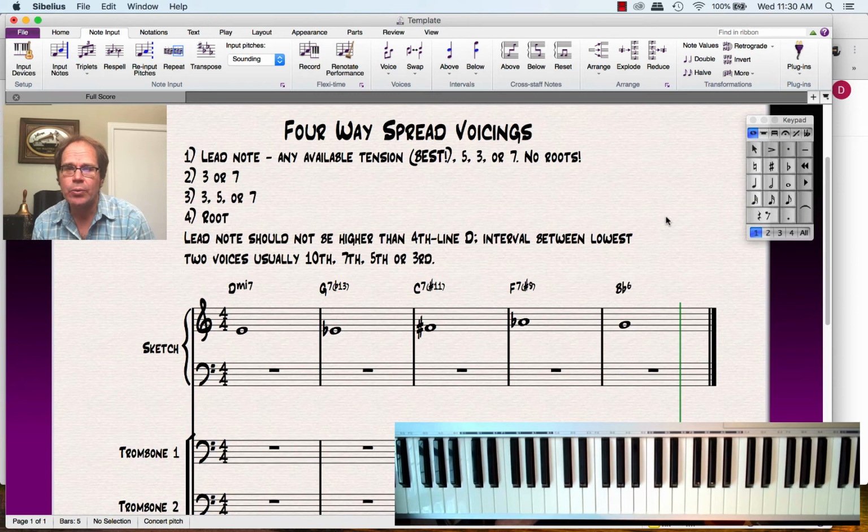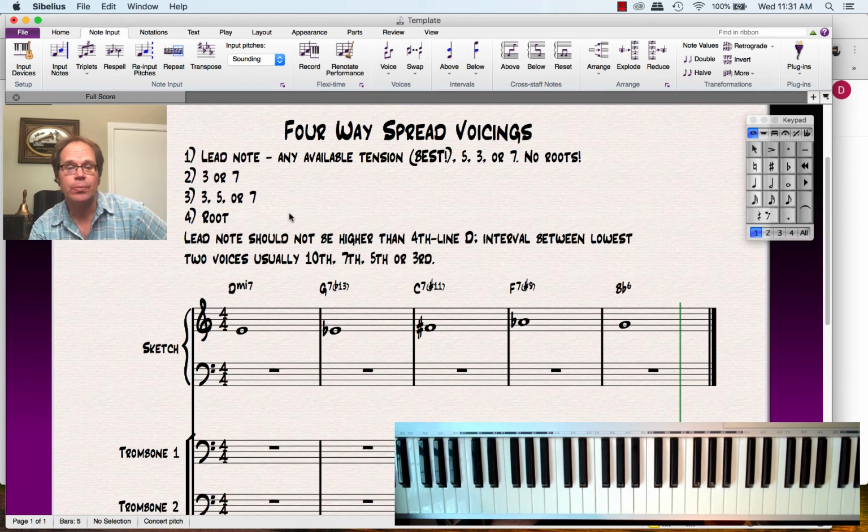But let's take a look at how we would put these together. These are a lot more specific than our four-way close or drop two type voicings, in that if you look here on the screen, for each of the voices in a four-way spread, we have some very specific things that they can be. I'm going to go from the bottom to the top instead. Our fourth voice is always going to be the root.